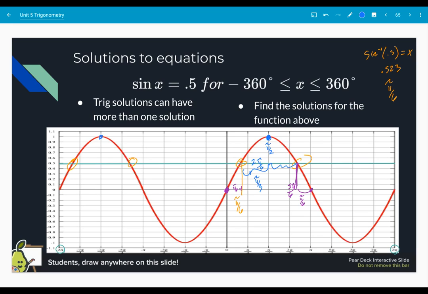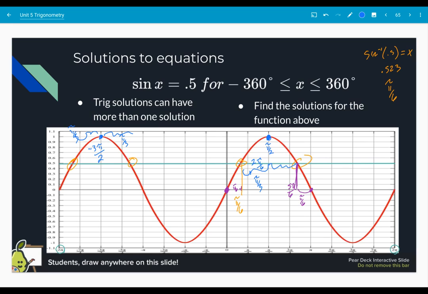So this one here is negative 3 pi over, should be 2. And then we're going to go up. We're going to go positive pi over 3 and back pi over 3.